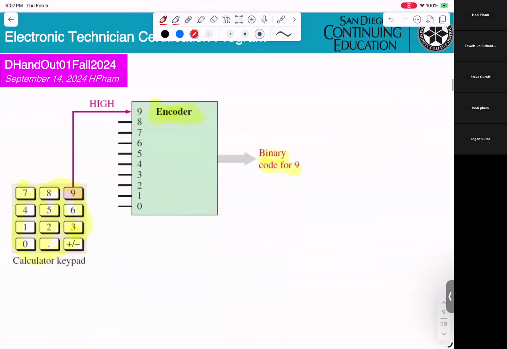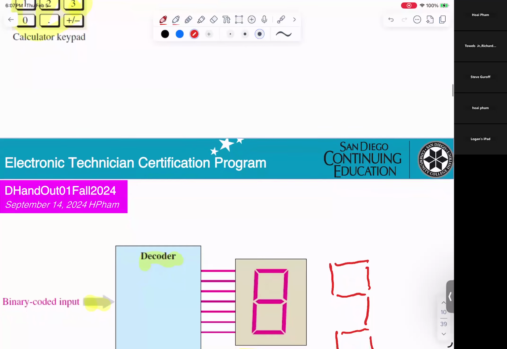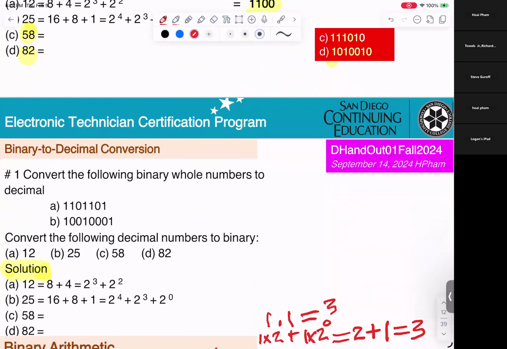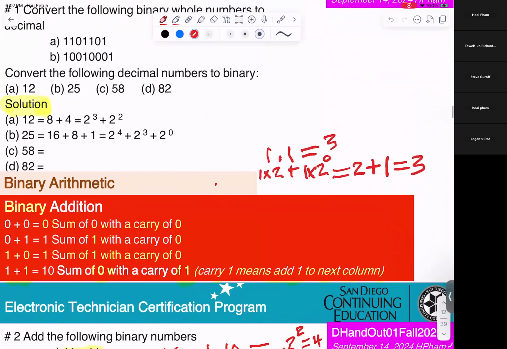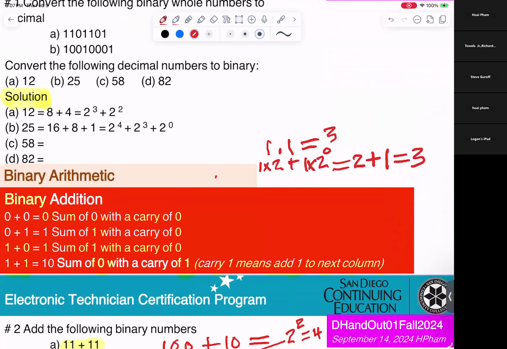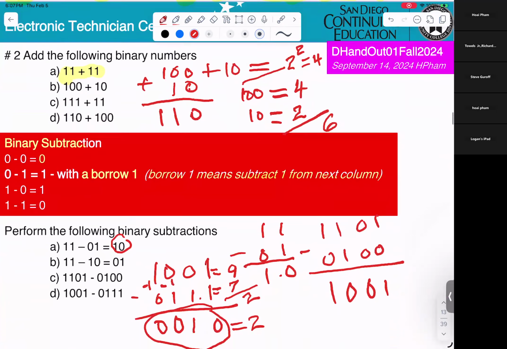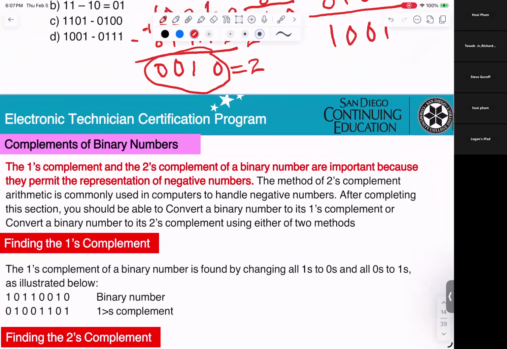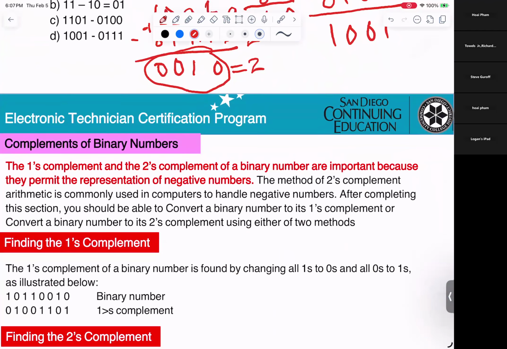Okay. So we already went through some binary addition and subtraction. Okay, next one.